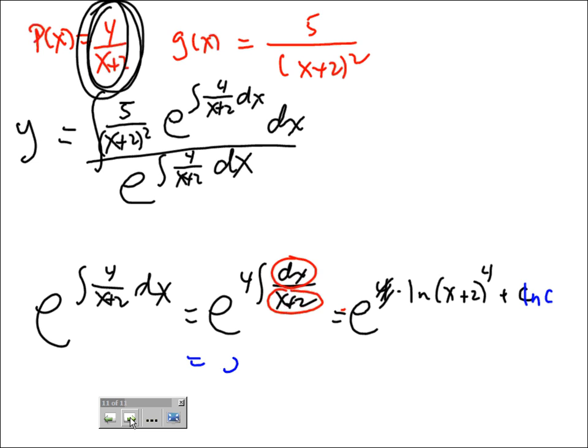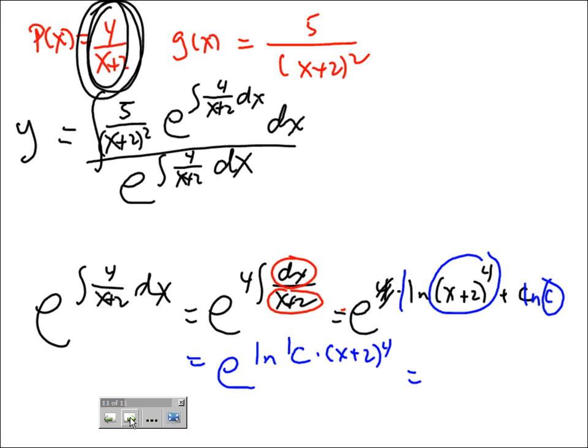So what I have is e, and when you have ln of one thing plus ln of another thing, you just get ln of the product of those two things. And e to the ln of anything is the anything. Okay, so I write this up here.